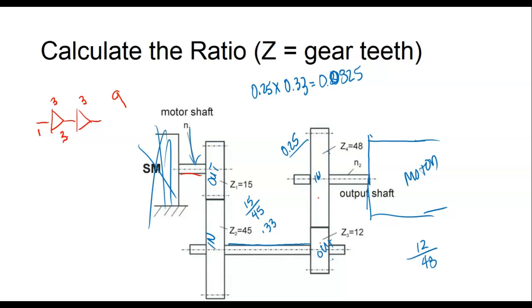And gains, guys, are always out over in. Always out over in. So what we did over here is we said, okay, out, 12, in, 48. And that gave us 0.25. Then we came over to this set. This is out. This is where I'm going to.